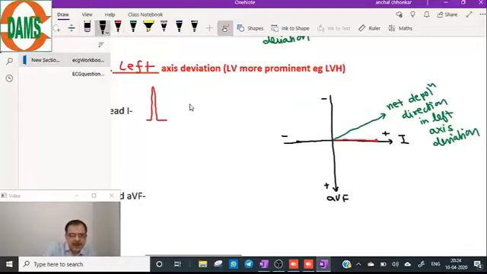So predominantly positive QRS in lead 1, and it should be negative in AVF.